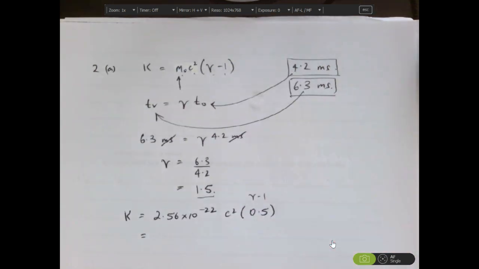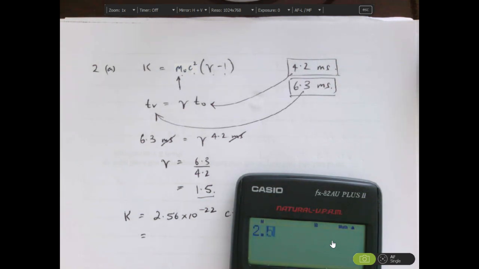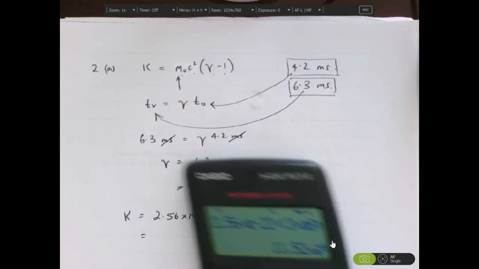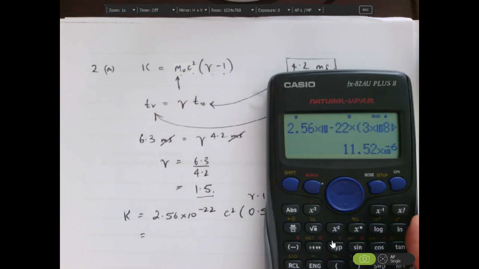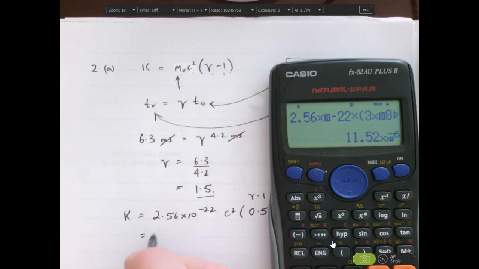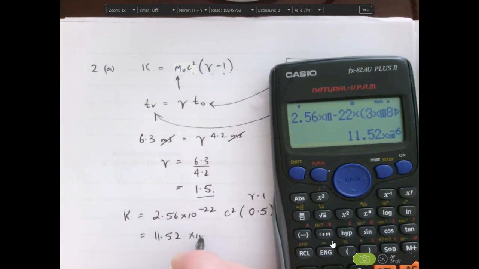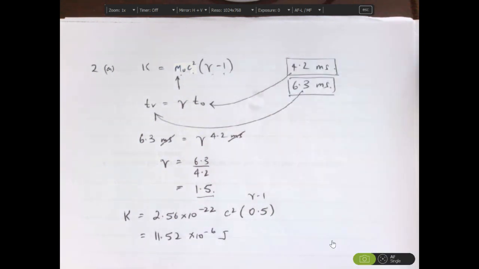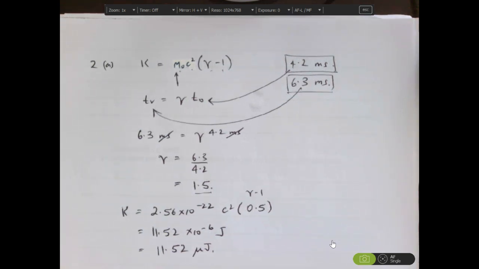Putting those values together, 2.56 exponent negative 22 times 3 exponent 8 all squared, times 0.5 is equal to 11.52 by 10 to the minus 6 joules, also known as 11.52 microjoules. Okay, so that's part A.